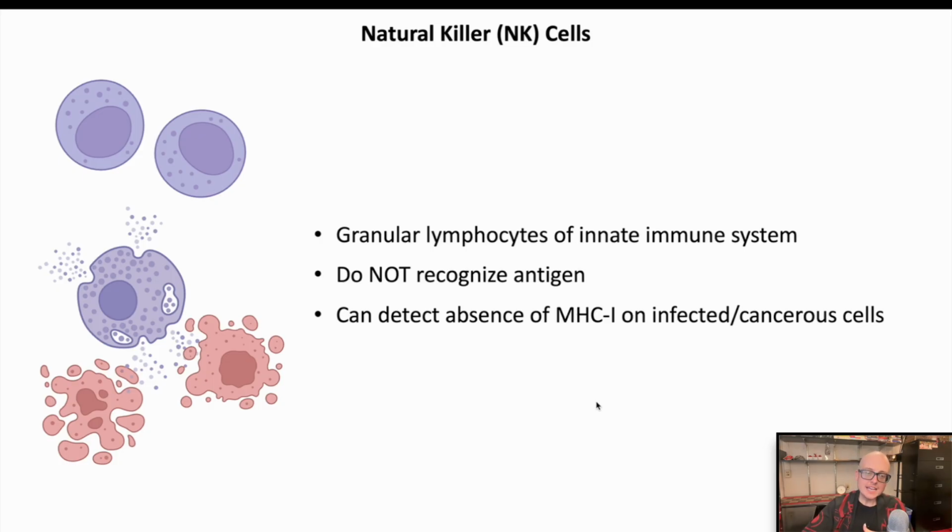In fact, they do the opposite of an antigen receptor, whereas as opposed to recognizing MHC, they can actually detect the absence of MHC on an infected or a cancerous cell of some kind. And this is very helpful.